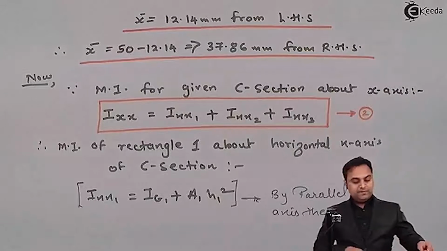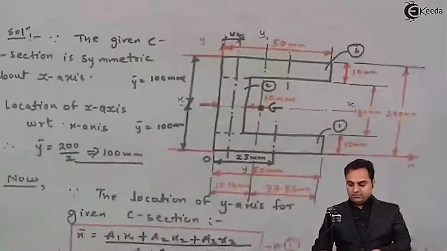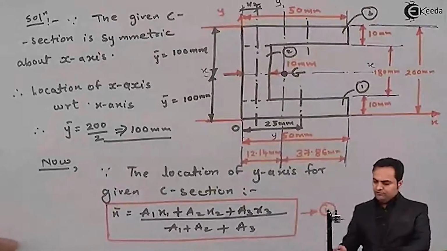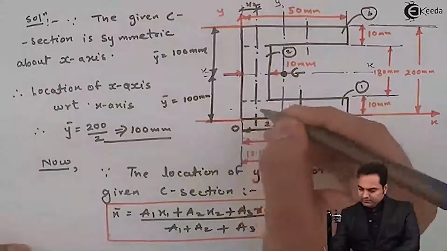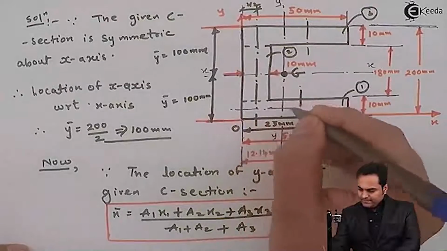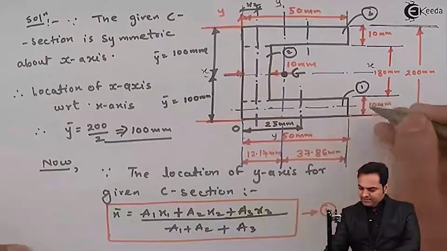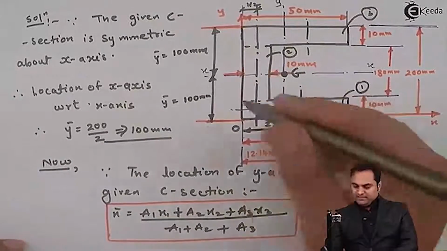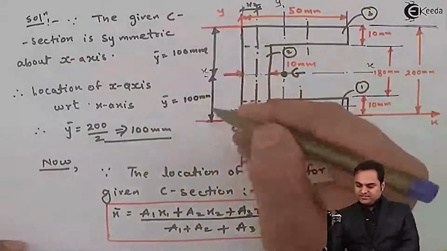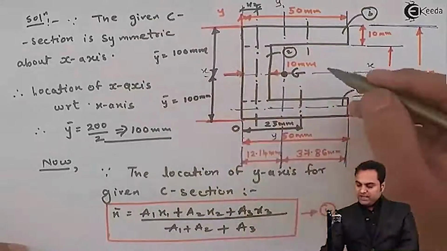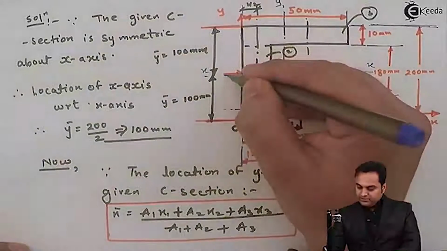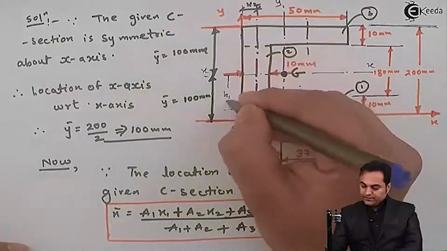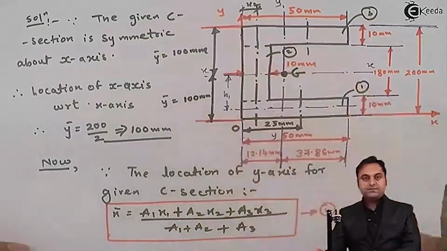And why we are using the parallel axis theorem is because if we look into the diagram, the x-axis for rectangle number 1 is here, that is at half of 10, but the x-axis of the complete C section is at 100 mm. So there is a gap between these two axes, and this gap is known as H1, and that is why we are using the parallel axis theorem.